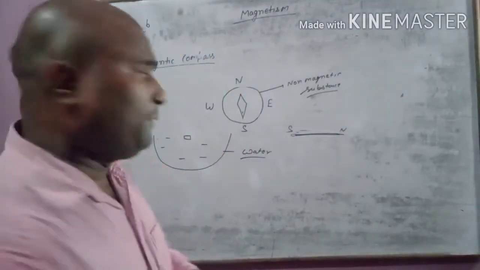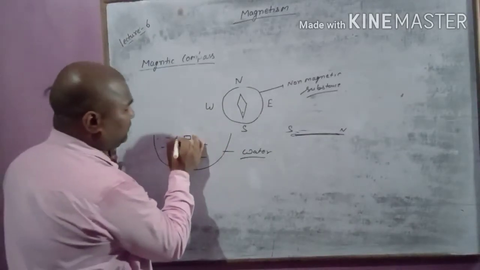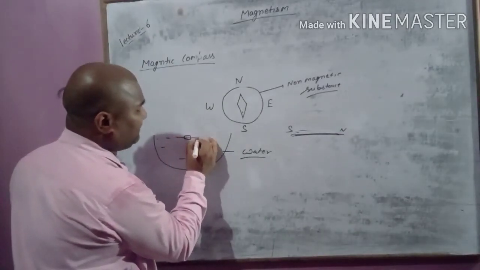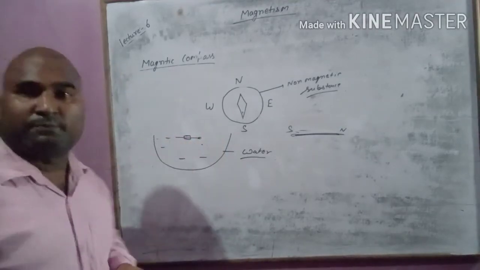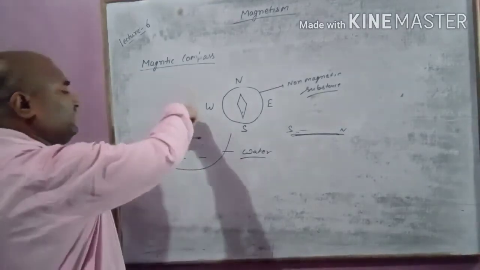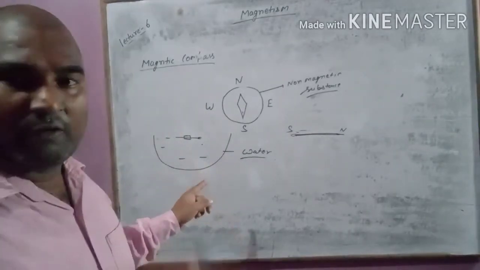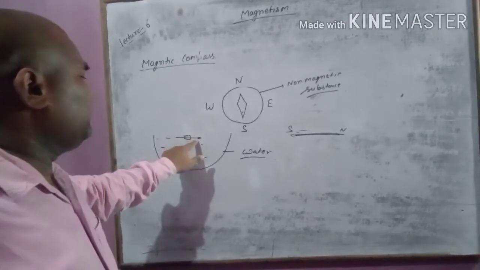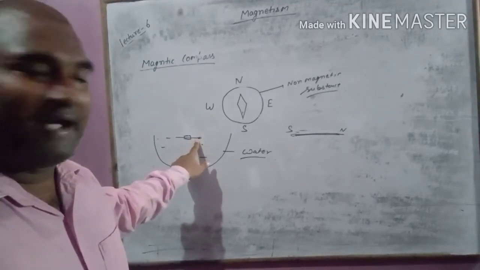So what you have to do is take the needle and insert it in the thermocol. So you insert the needle in the thermocol. So this is the south pole, this is the north pole. Now leave it in water, because thermocol is lightweight, it will not sink in water, and this needle is magnetized, which means it is acting as a magnet.